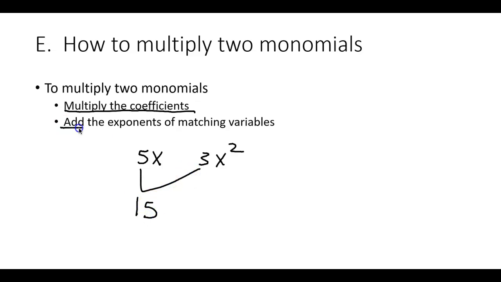And then you add the exponents of the variables. So this x, since it doesn't have an exponent there, we're going to put a 1 there. And so you add the 1 plus 2, and you get 3. Okay, so that's multiplying. So that is different, right, than adding and subtracting.